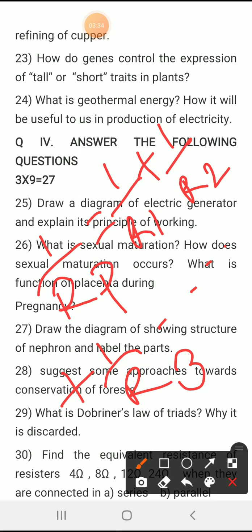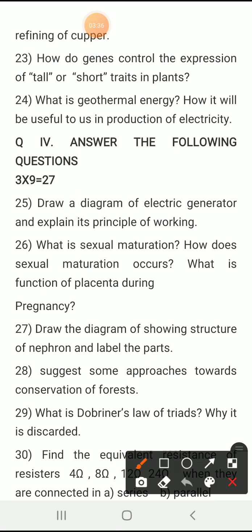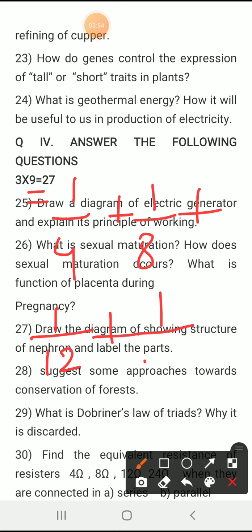So this is the formula. Here we have 4, 8, 12 and 24. So for 4 we need to write 1 by 4 plus 1 by 8 plus 1 by 12 plus 1 by 24, right?